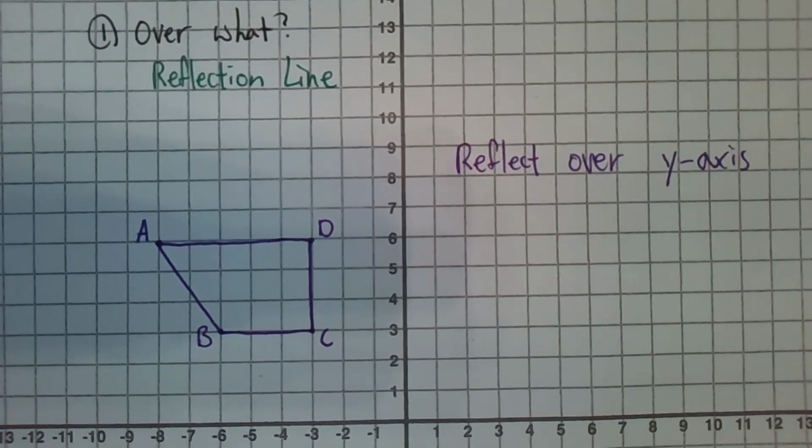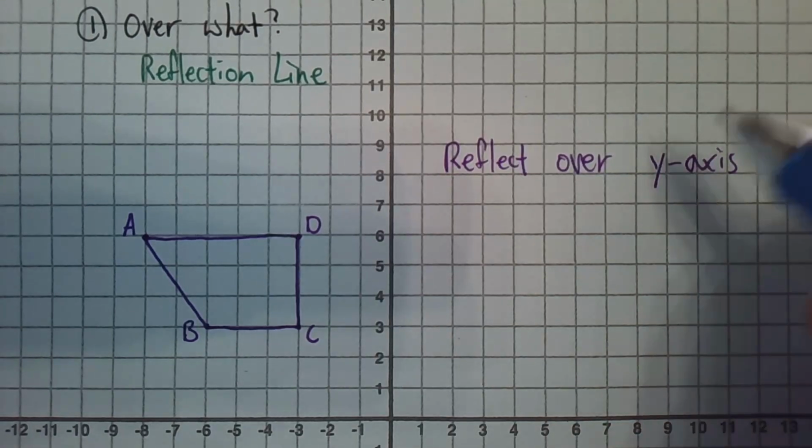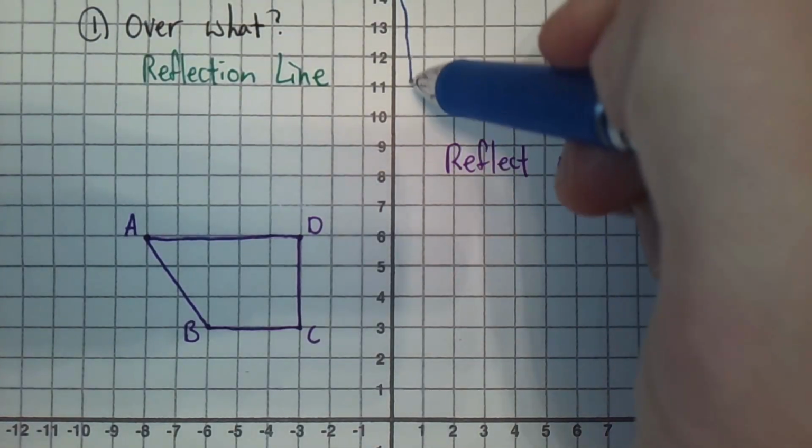In this example, I have a trapezoid ABCD, and the direction is reflect over the y-axis. We know exactly where the reflection line is because the direction says over the y-axis. On this graph paper, the y-axis is the vertical line that goes up and down right here.